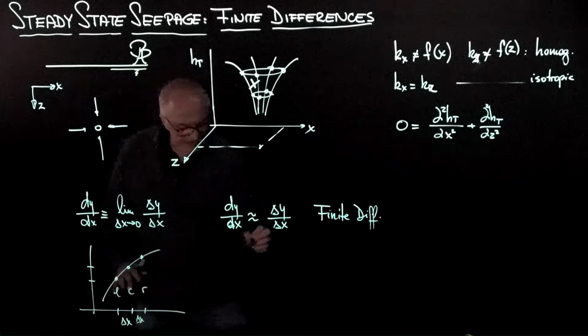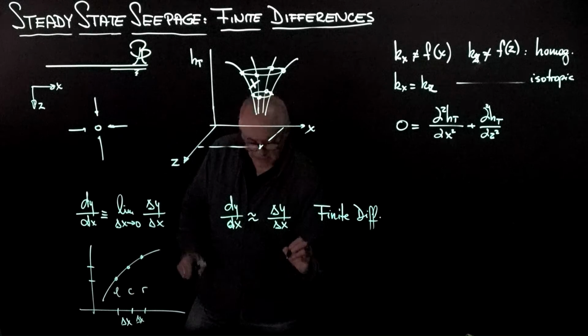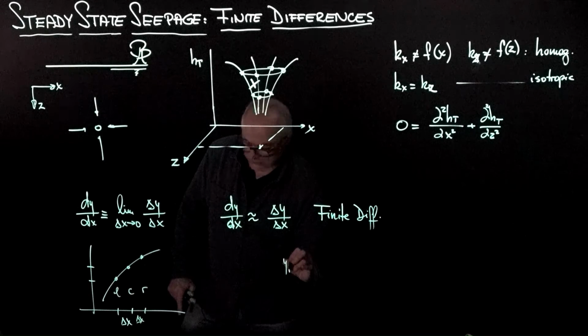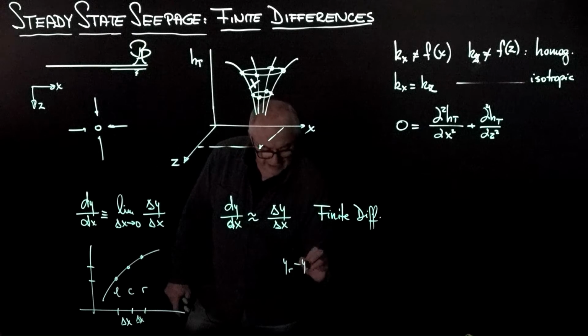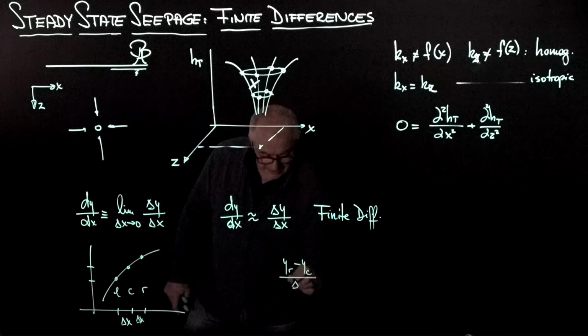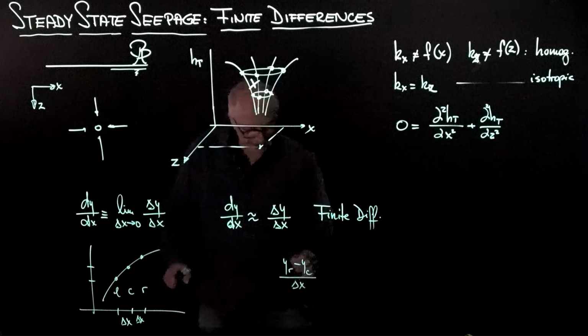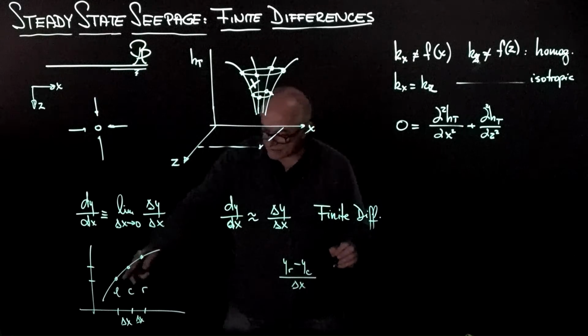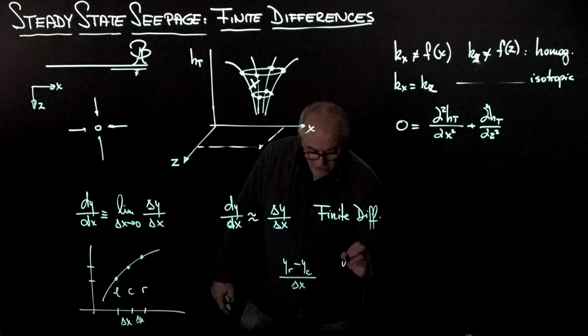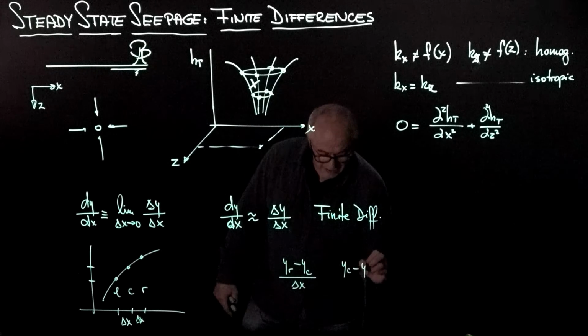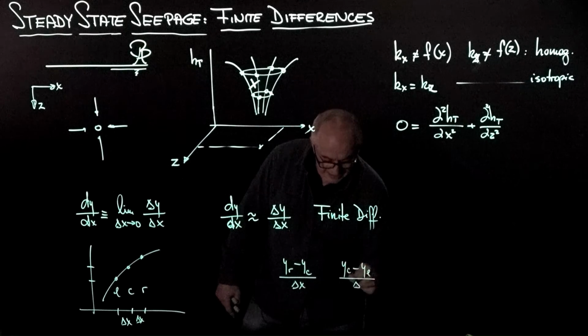And now the first derivative is the value of y on the right point minus y at the center point over delta x. And the first derivative for the previous segment is y at the center minus y to the left over delta x.